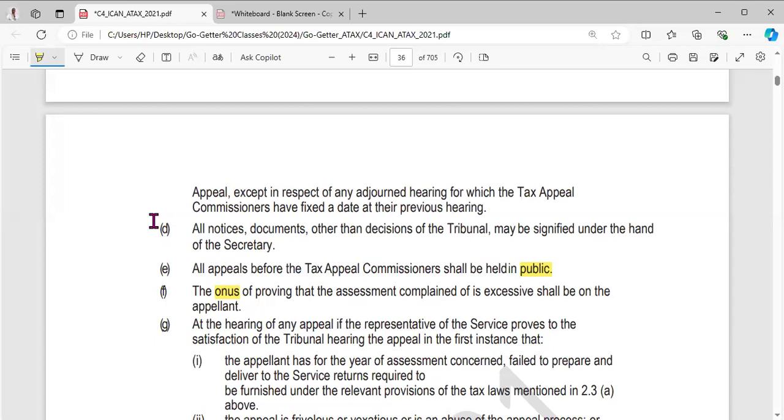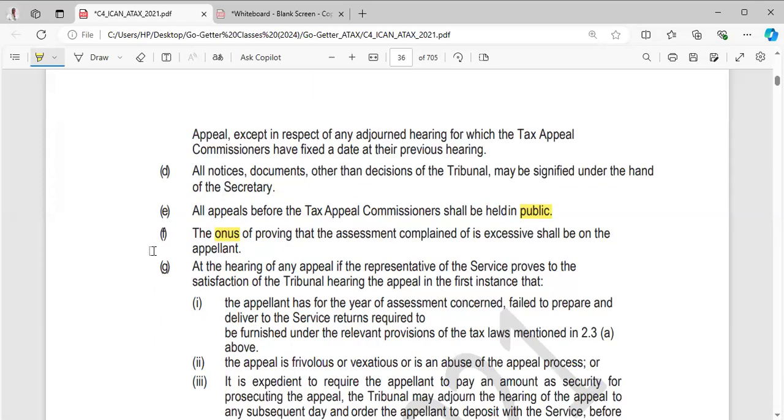So if you can prove your ground beyond reasonable doubt, then you may get a favorable hearing, especially when the FIRS cannot refute it. Now, at the hearing of an appeal, if the representative of the service proves to the satisfaction of the tribunal hearing the appeal in the first instance that one, the appellant has for the year of assessment failed to prepare and deliver to the service returns required to be furnished under the provision of the tax law.